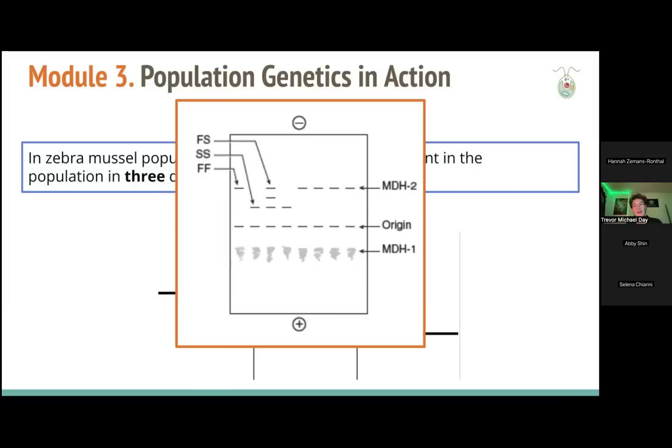So that might be different than some examples of gels that you see online because there are different ways to do it. But in this case, MDH2 is migrating towards the electrode that is negatively charged, which is the cathode. So a bit of confusing terminology there. Best to just review that and make sure it is straight.